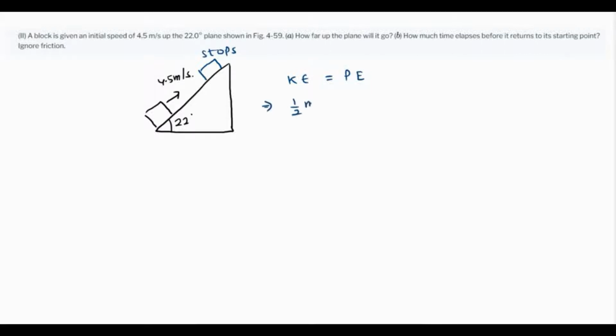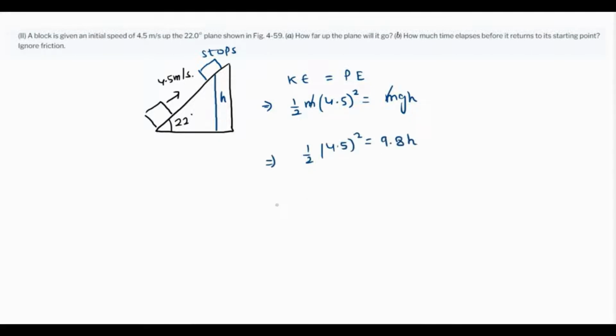So half m 4.5 squared is going to be mgh, where h is the height to which it has reached. This vertical height is something we are going to find. The m and m cancel, and the value of g is 9.8.